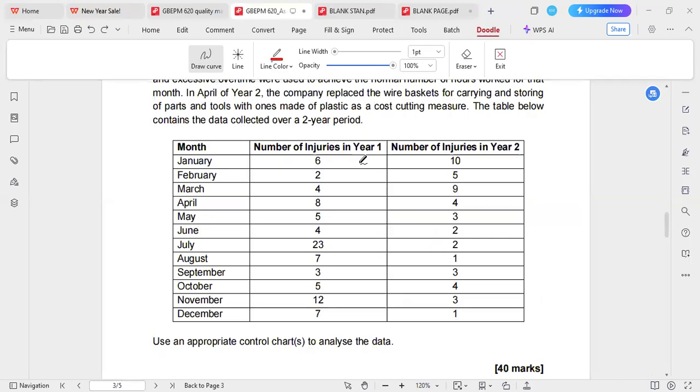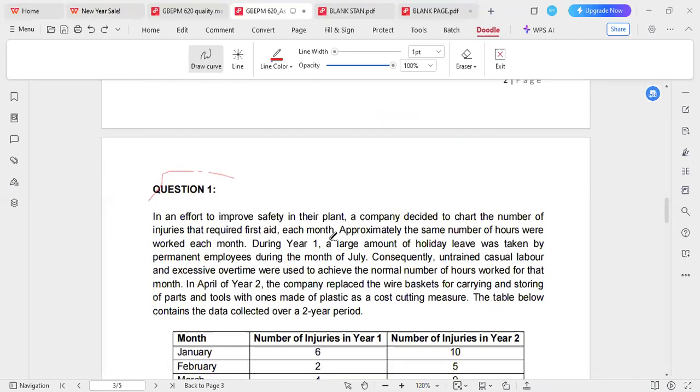For this question paper, the question reads: in an effort to improve safety in their plant, a company decided to chart the number of injuries that required first aid each month.